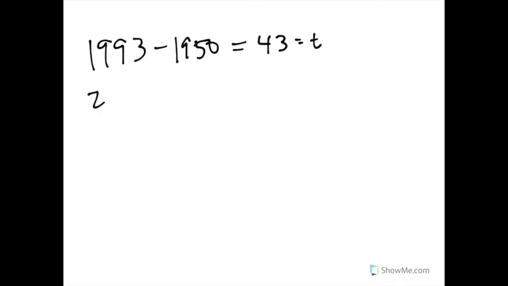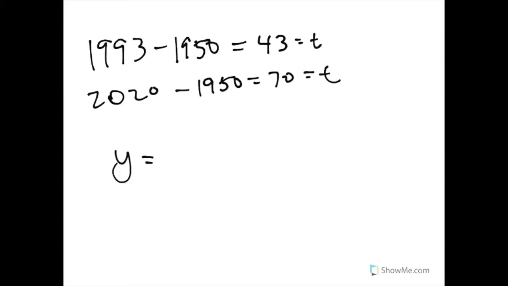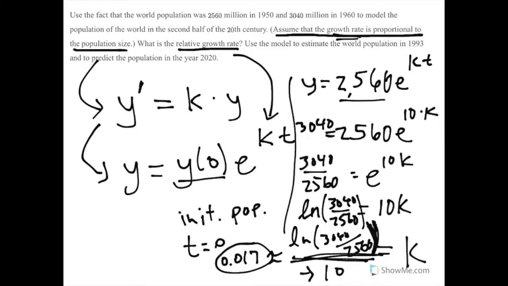And then 2020 for this year, minus 1950, that's 70 years later. And so you can go ahead and plug that in for t into your function that looks like y equals 2560 times e to the k.